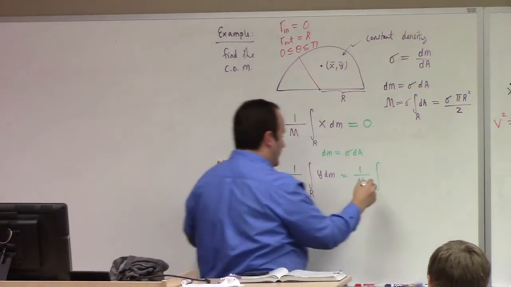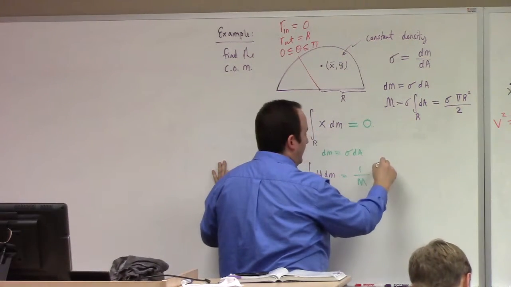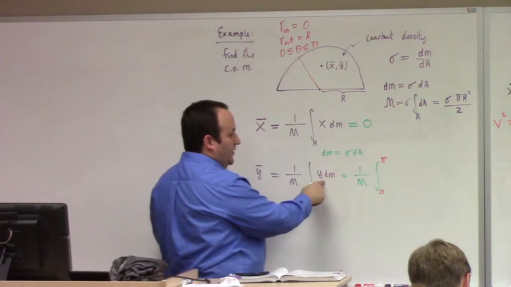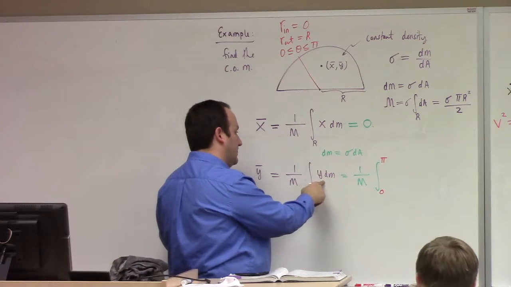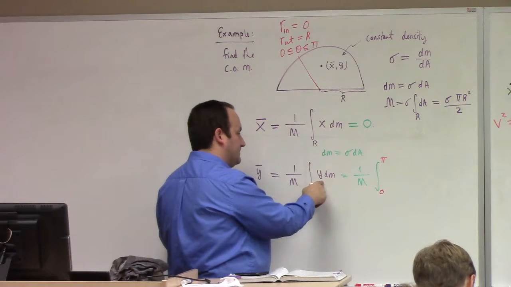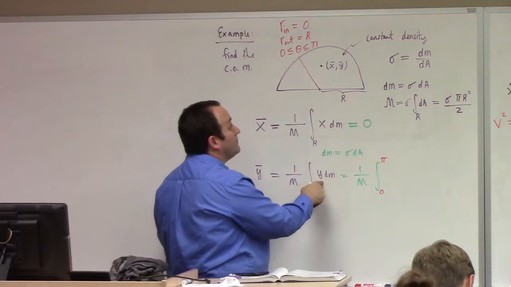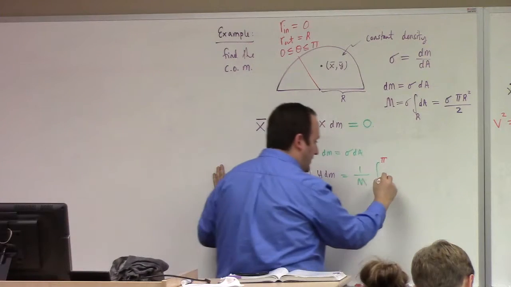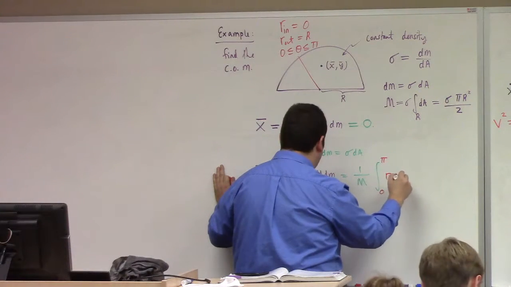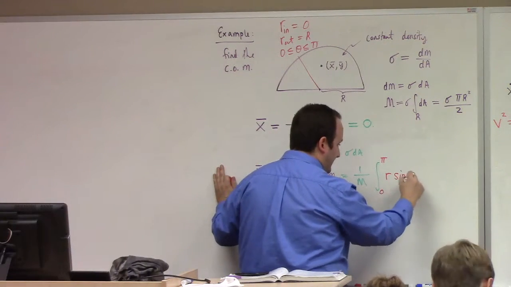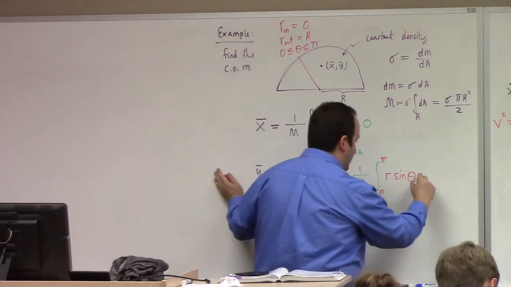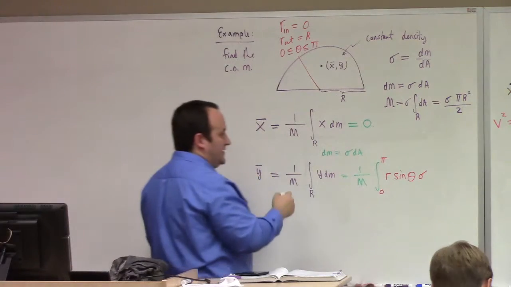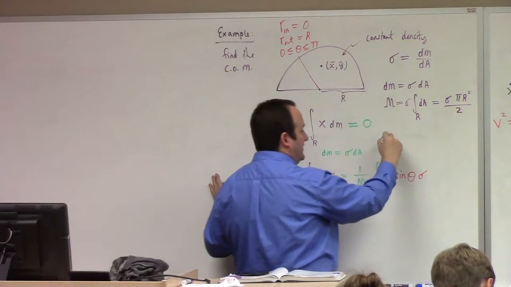So in polar coordinates, I would integrate from 0 to pi. This y, what is y? Let's see here, what's y? Yeah, r, I just heard it. Have courage, speak up. R sine theta, yes? The dm is sigma dA. Now this dA, we figured out how we integrate dA in polar coordinates.